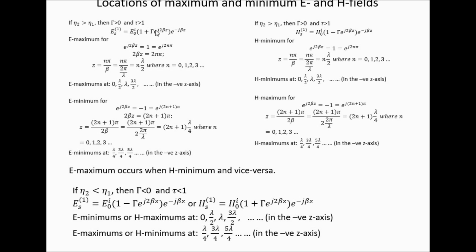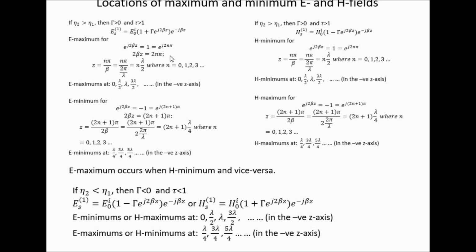If you assume this value is plus 1, then the entire thing will be at its maximum. That means e to the power j 2 beta z is 1, and 2 beta z is 2 n pi, right? 2 pi or 2 n pi will give you 1, because 1 means cosine 0 or cosine 2 pi, 4 pi, 6 pi, like this.